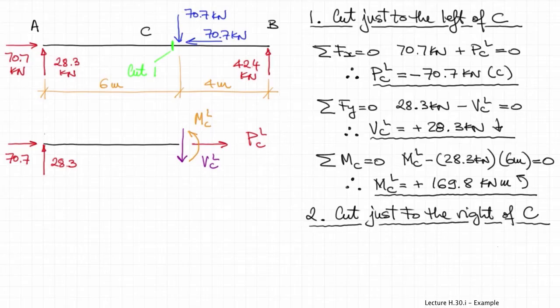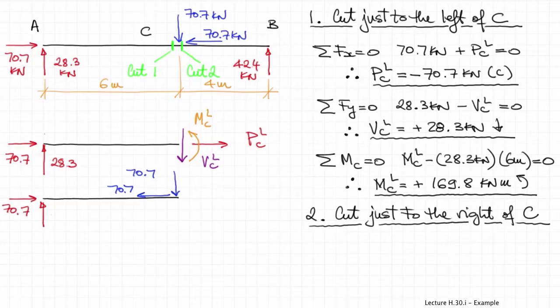We cut the beam, but to the right of C, the point of application of the force. We'll have to draw again the free body diagram, and I will use again the left-hand side of the free body diagram. Everything will be the same when I draw this free body diagram as in the previous case, except that now the free body diagram captures the force as well.